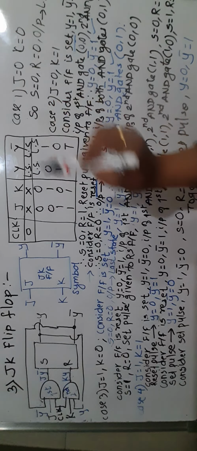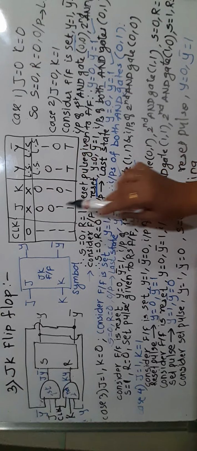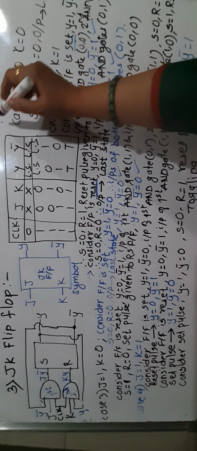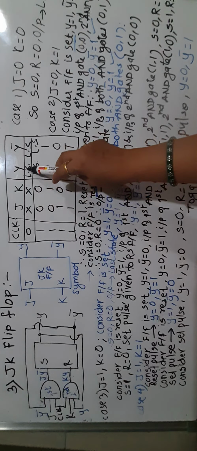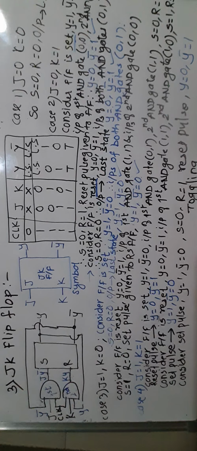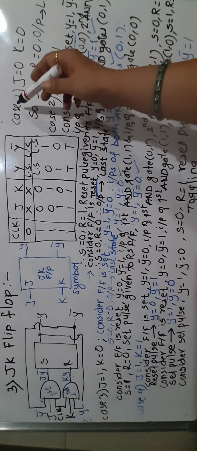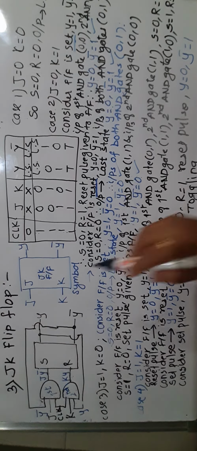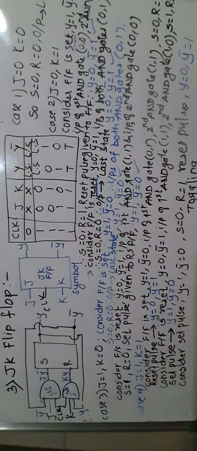And when the clock is 1, then all 4 conditions for J and K apply. So we just have to add one line here. When the clock is 0, the output remains in the last state. And when the clock is high, or 1, then we have to explain all these 4 cases. So this is how we can explain clock JK flip flop. Here also we will show the clock line.